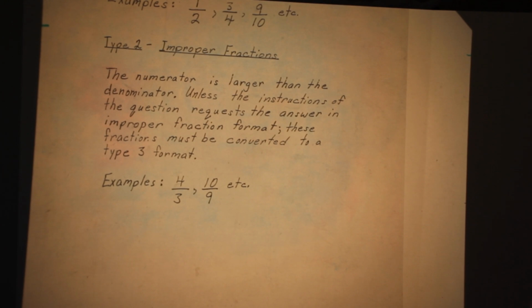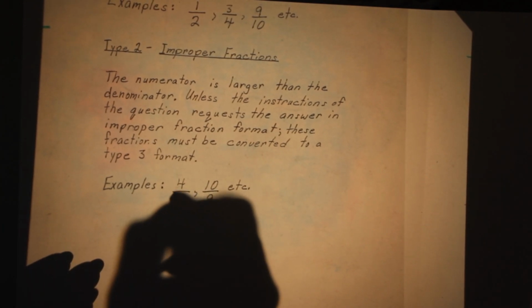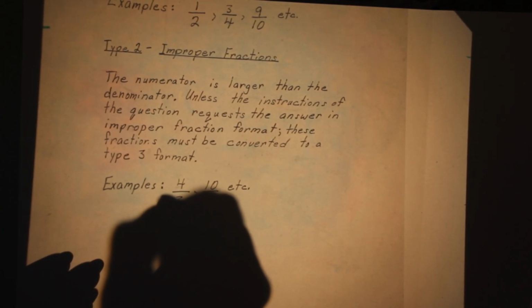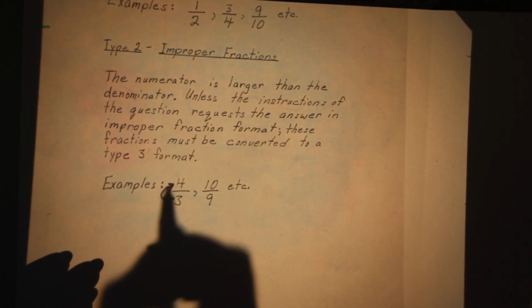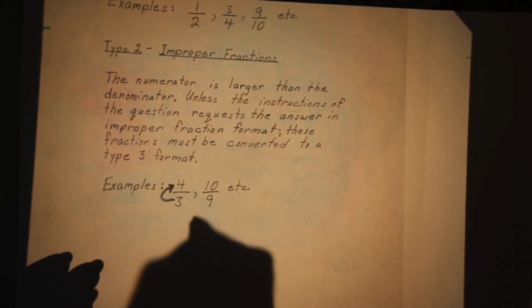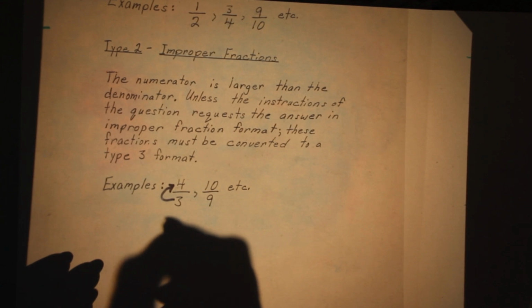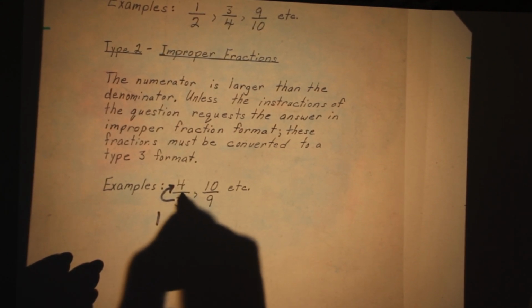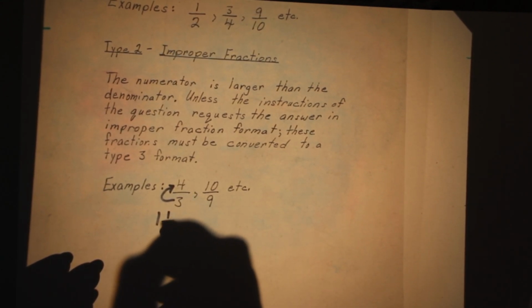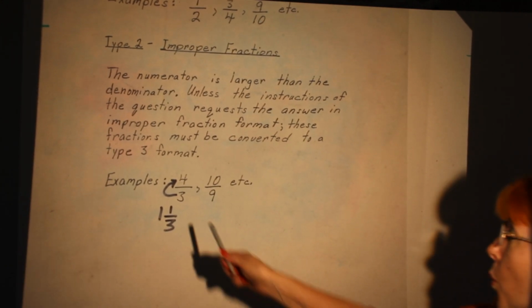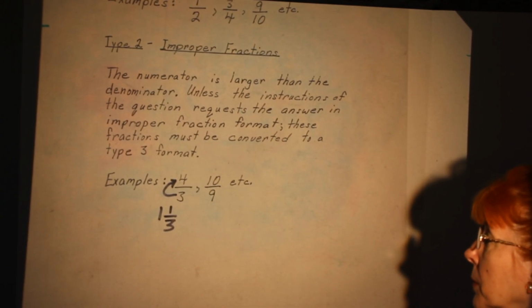And how we convert them is using our division line. You're going to divide the bottom number into the top. How many 3's can I get out of 4? I can get 1. And I'm going to end up with 1 1/3. I'm going to end up with 1 part of the 3 left over.